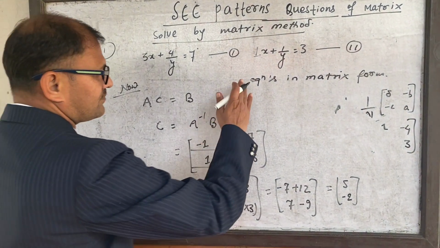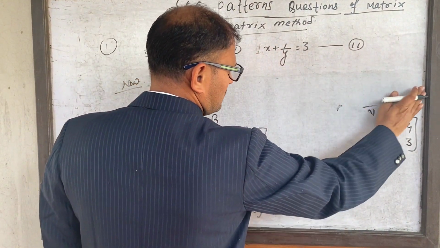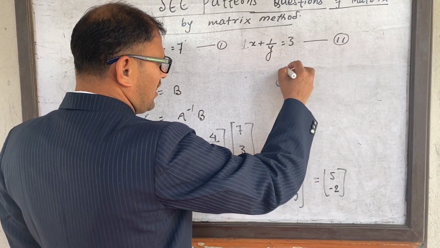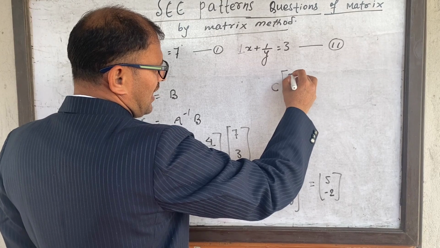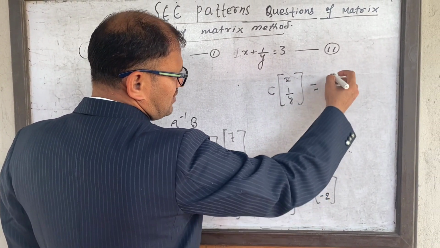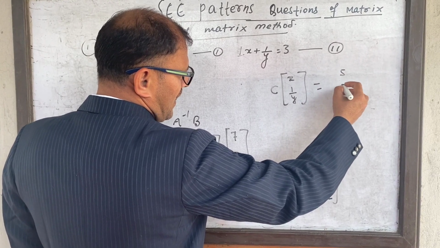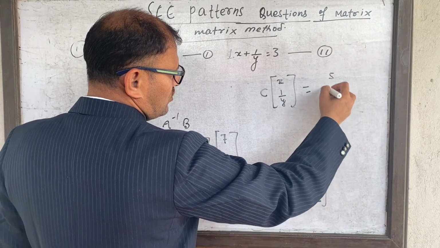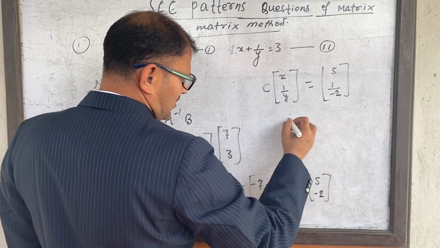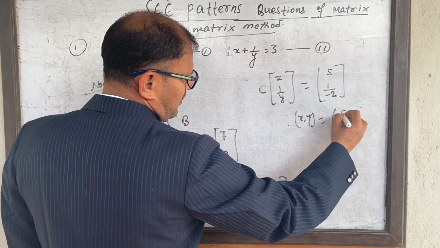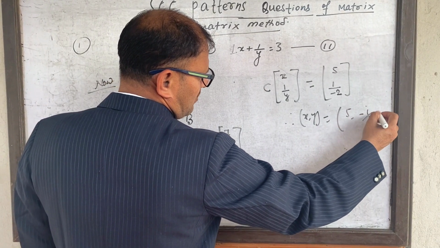Then at last this C we denote as x and 1 by y. This is equal to x means 5 and here 1 by y is minus 2. This is your answer. Therefore x, y is equal to 5 and minus 1 by 2.